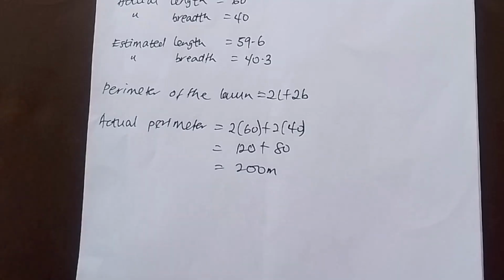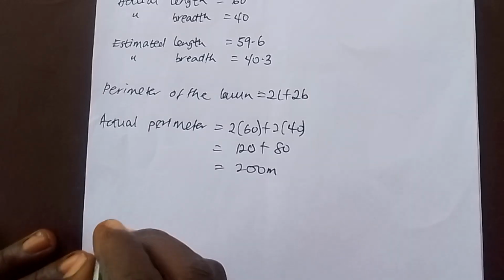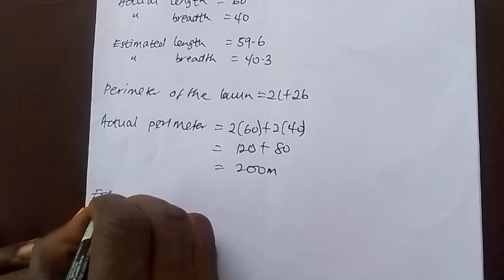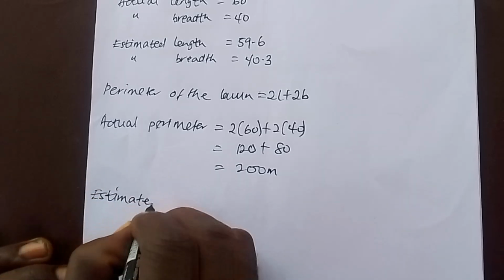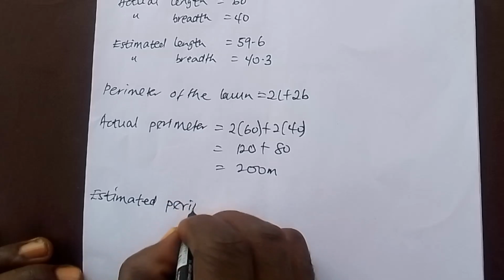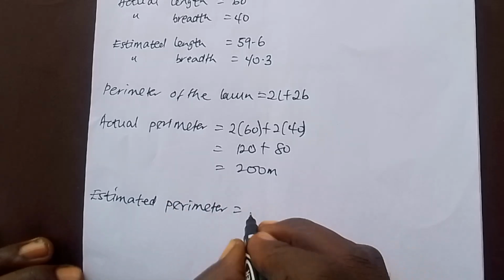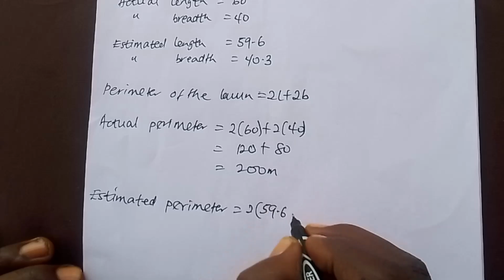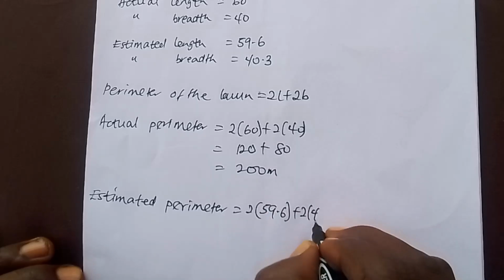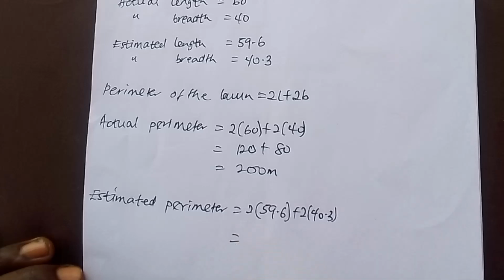So let's find the estimated perimeter using the estimated length and the estimated breadth. The estimated perimeter, the same formula, is 2 times 59.6 plus 2 times 40.3. 2 times this gives us 118, and this gives us 80.6, so a total of 199.8 meters.